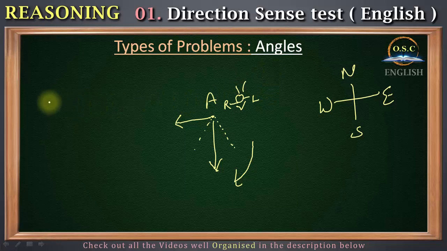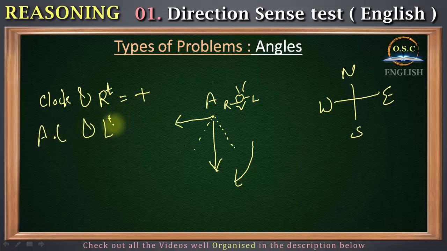Before solving that, clockwise and right hand are always considered as positive. Anti-clockwise and left hand are always considered as negative.